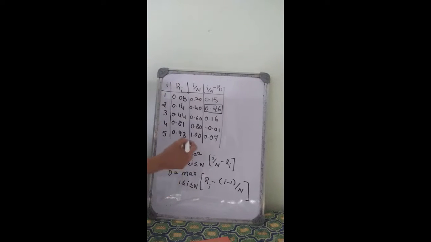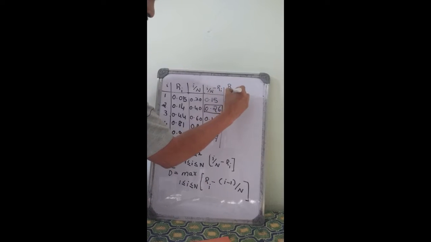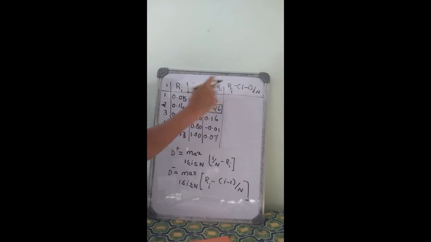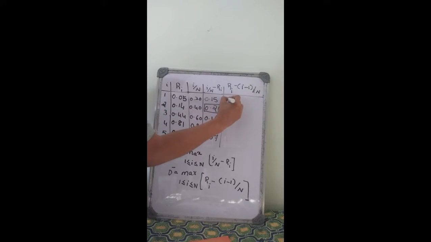So after finding out D plus, I need to find out D minus. So D minus is Ri minus (i minus 1) by n. Now Ri is 0.05 minus, i is 1, 1 minus 1 is 0, 0 by 5 is 0, so you will get 0.05.